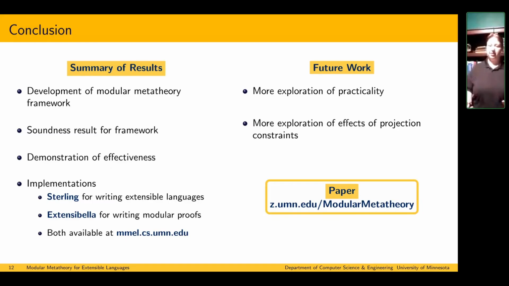Within even the same language definition, there are many choices that we can have for projection constraints, ranging from very strict to very loose, strong versus weak, and also choosing which semantics to restrict and which not to restrict. So an exploration of both of these will benefit our work in determining whether it's generally applicable and when it's applicable and when it's not.